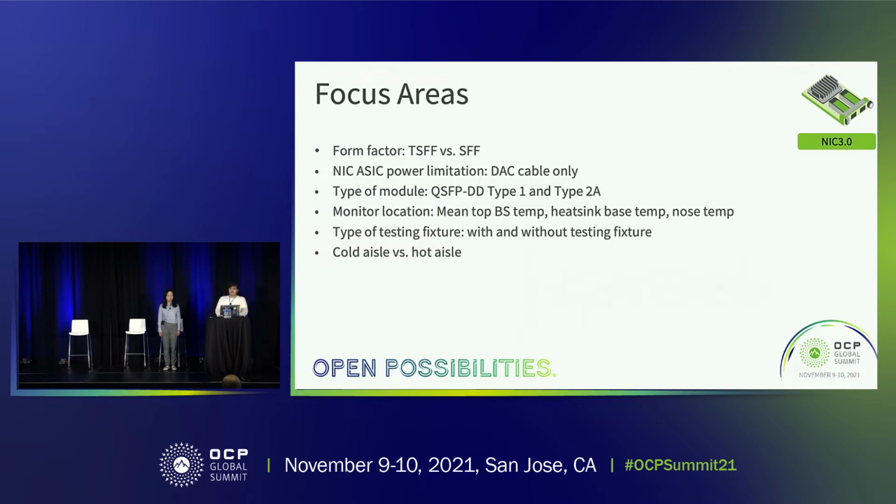We would also look at the impact of the type of testing fixture, simulating with a single slot card as well as testing within the OCP thermal test fixture. And lastly, we would look at the impact of cold aisle versus hot aisle, depending on the particular configuration of the NIC in the server.